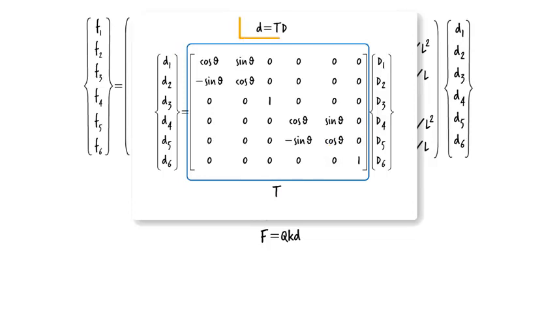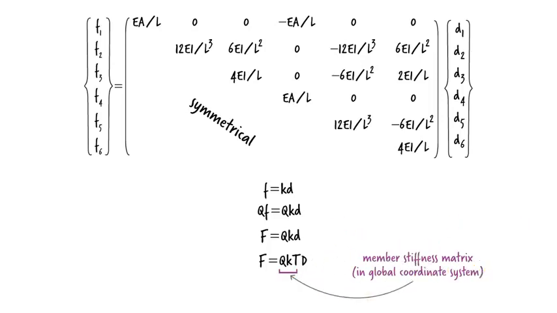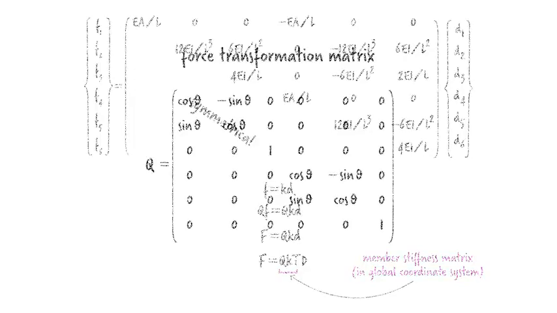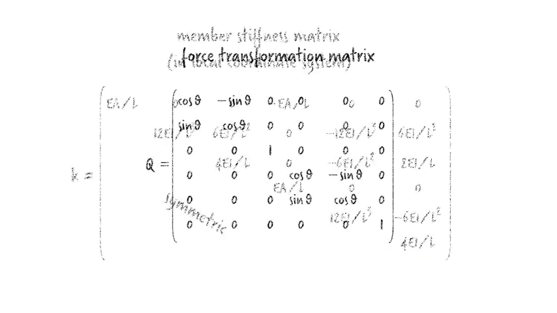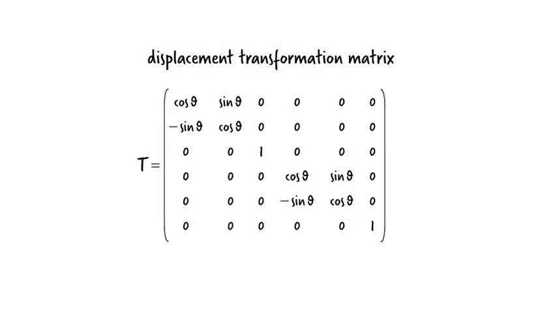Further, since the lowercase d equals T times the uppercase D, given that F and D are given in the global coordinate system, then Q times K times T must be the member stiffness matrix also in the global coordinate system. Here is Q, here is K, and here is T.